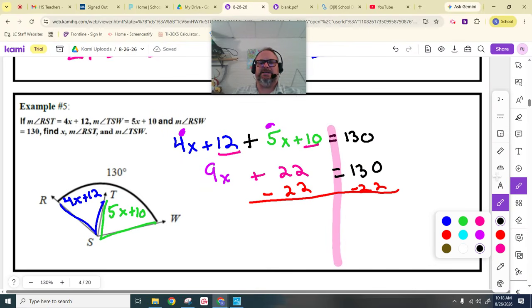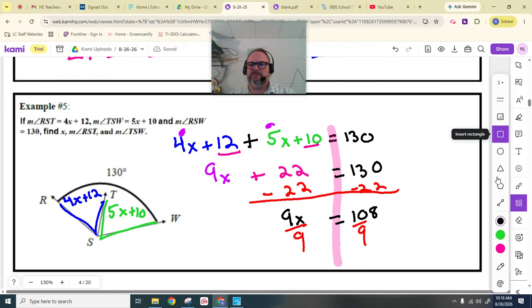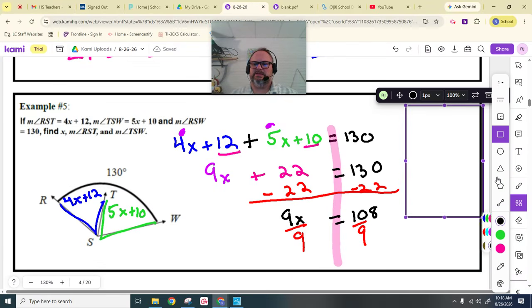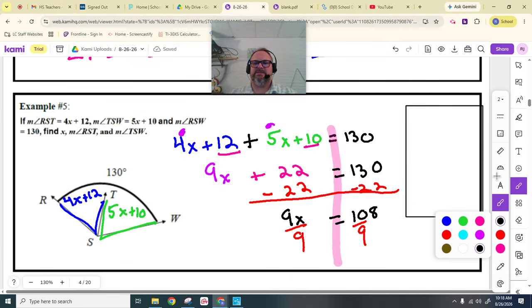And some people really needed the steps to solve because they did not solve them very well. And we would divide. So I'm going to make a little answer box right over here, and I'm going to say that x equals 12.